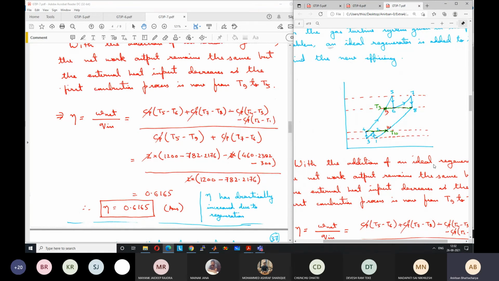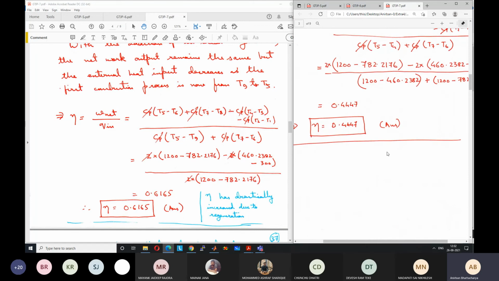You can see that efficiency has increased quite dramatically. Without affecting the work output, the efficiency is increased from 44% to 61.65%. Very high efficiency. It is higher than the simple Brayton cycle efficiency. We have seen that up to R equal to 30 also, the efficiency is much higher as compared to simple Brayton cycle.